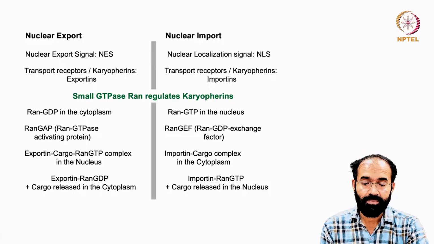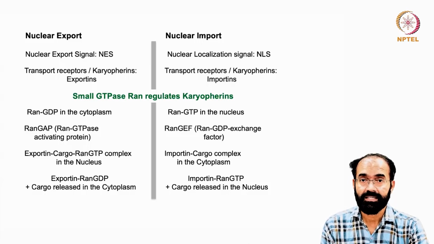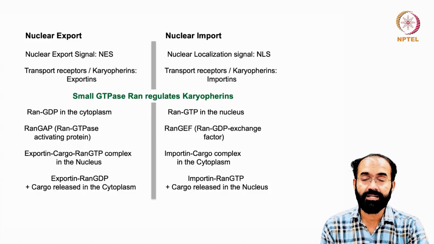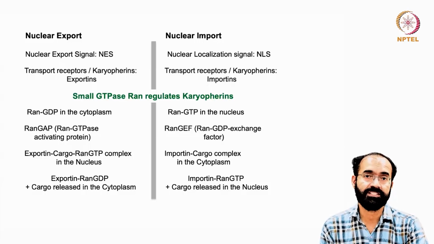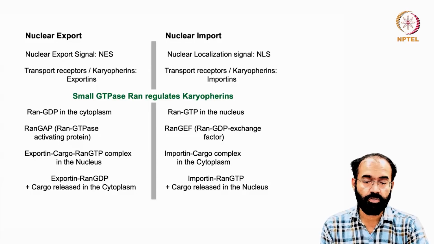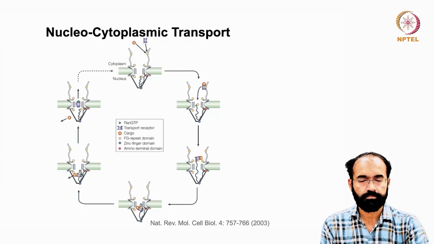So importin RAN GTP plus cargo gets released with the influence of this RAN GEF, because it exchanges the RAN GDP with a GTP. So importin RAN GTP stays together and the cargo is released in the nucleus, which is available for its function. The same thing we can see in a pictorial manner in this slide.